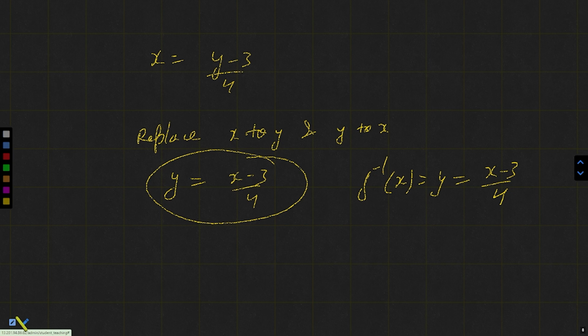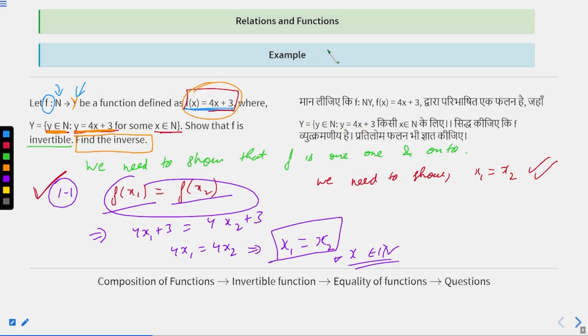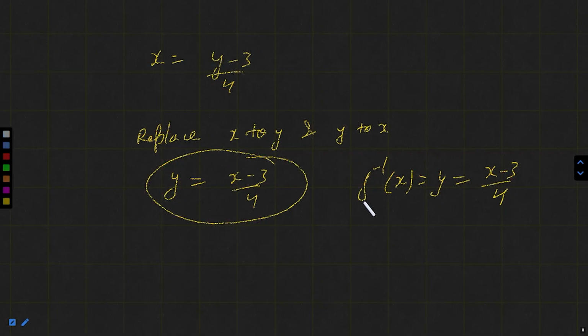And now do composition. If you do composition, say f inverse of f, what you will get is f inverse of f(x), and f(x) is 4x plus 3. Now as you can see from here, f inverse of input will be (input minus 3) by 4.